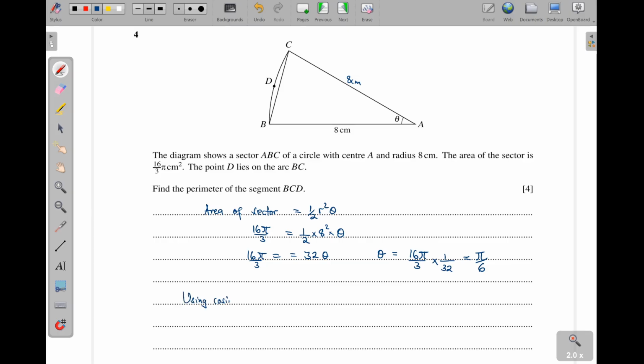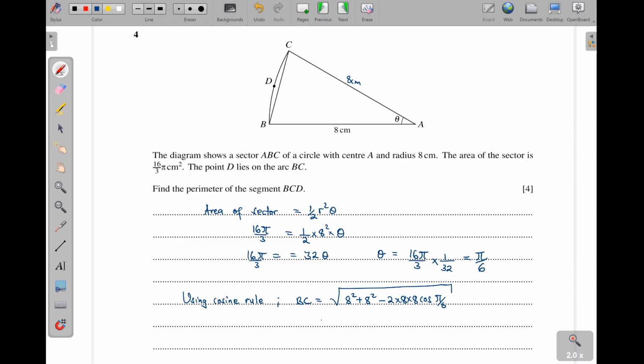Remember, cosine rule and sine rule, we use them when the triangle is not right angled. So using the cosine rule, BC is equal to the square root of 8 squared plus again 8 squared, minus 2 times 8 times 8, and then the cosine of theta, which is opposite to this side. And that will be pi over 6.